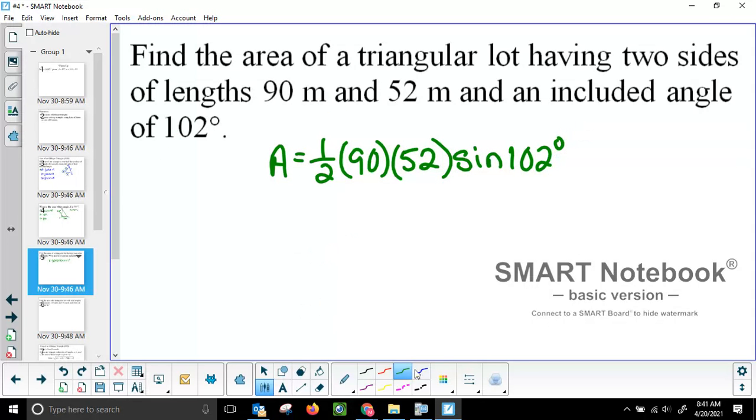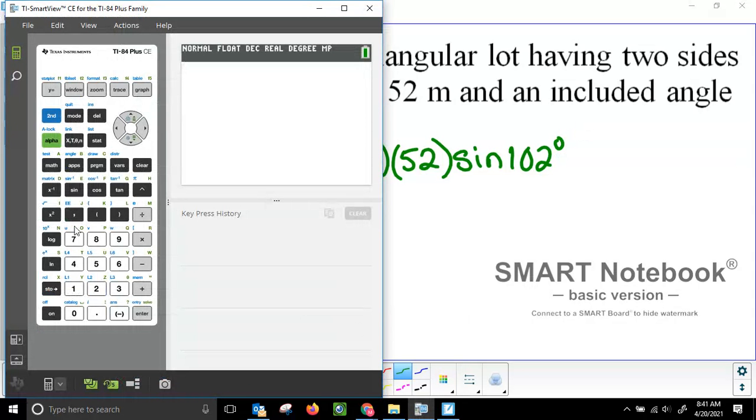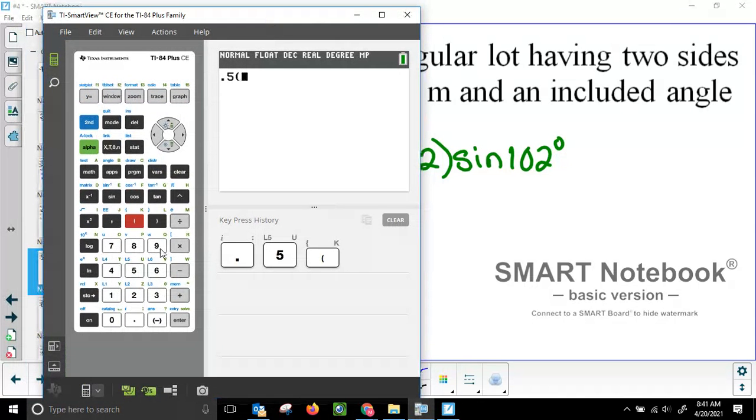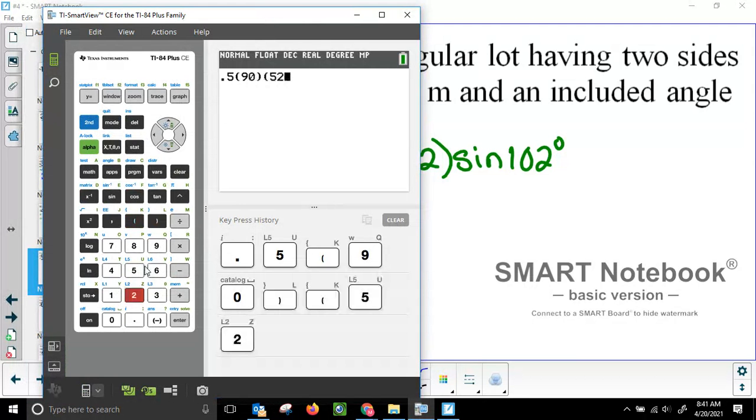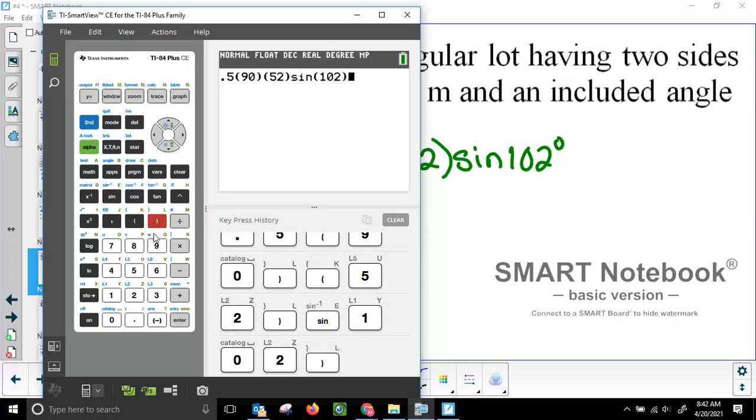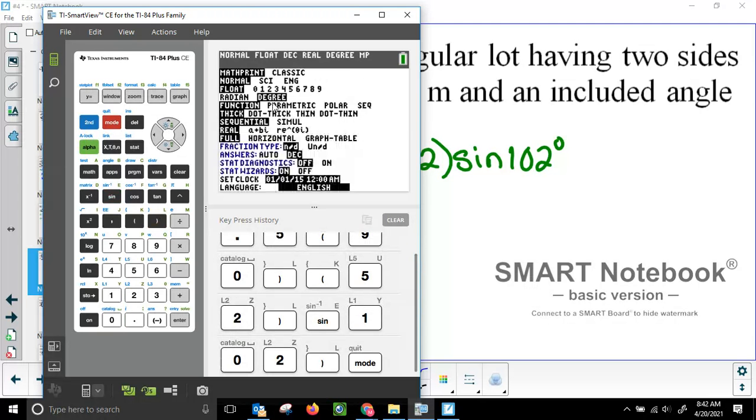All right, so all we have to do is plug that into our handy dandy calculator here. 1/2 is just 0.5 times 90 times 52 times the sine of 102 degrees. We definitely want to make sure we're in degree mode here. We are.